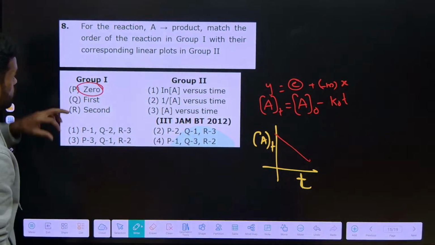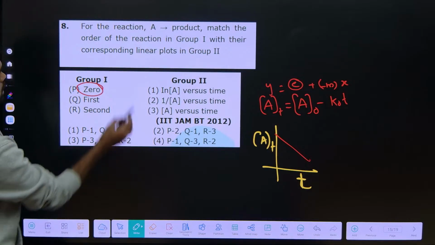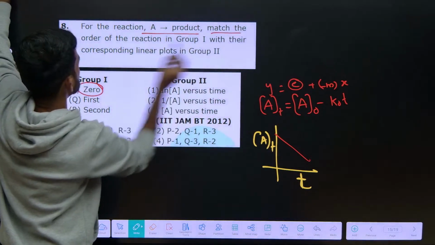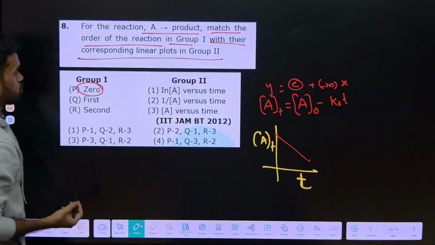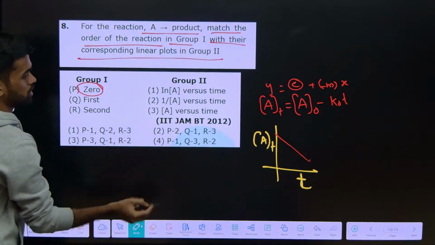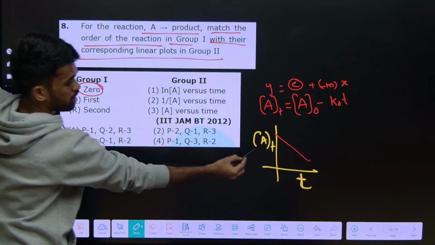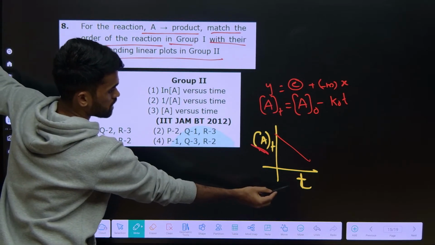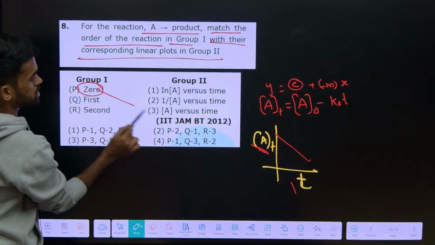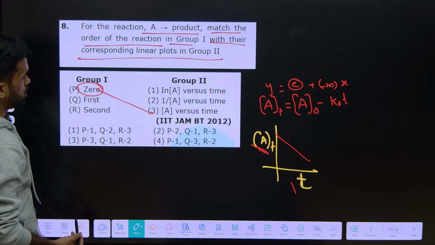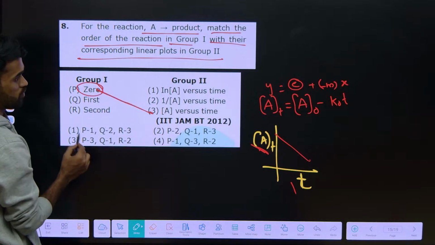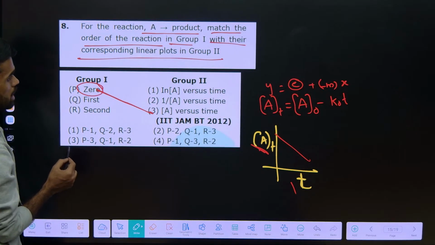So for the reaction, match the order of the reaction in group 1 with the corresponding linear plots in group 2. We will get a linear plot for zero order reaction for concentration of A versus time. So A versus time is for zero order, for first order it will be ln of A versus time.